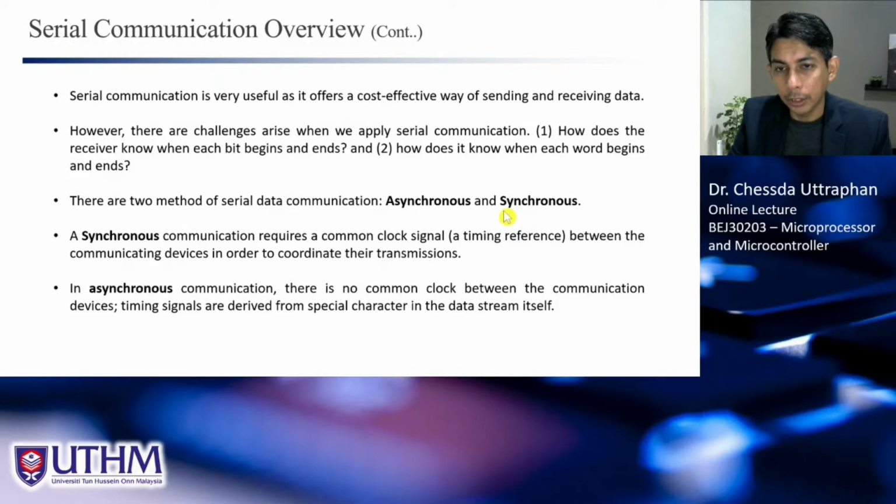The difference is that synchronous serial communication uses a clock to synchronize the data transfer, whereas asynchronous communication does not use a clock, but uses the speed of the data to synchronize the transmission. So we will see today how we do that.